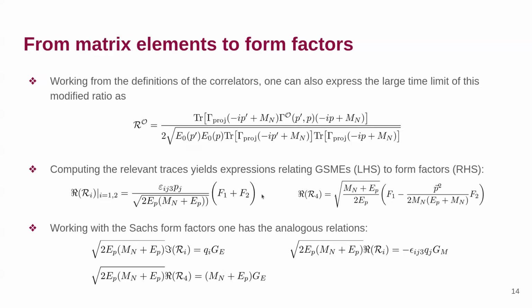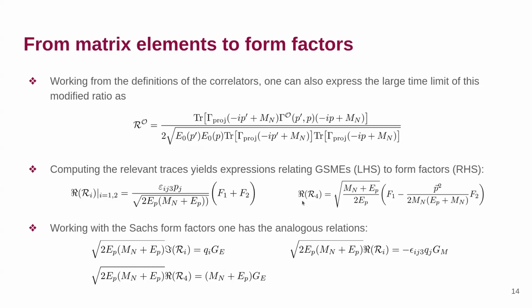And so some examples here are given. I've given them for the Dirac and Pauli form factors, F1 and F2. Here I've broken them up into the cases where we have different Lorentz indices. So the i here is Lorentz index 1 or 2, so the x or y Lorentz index on our vector current.